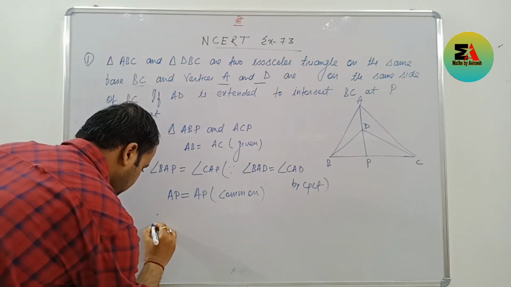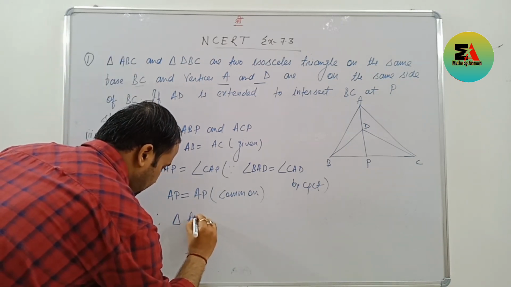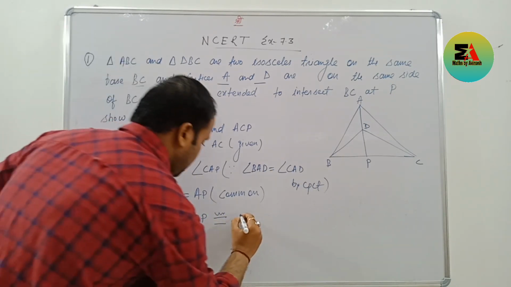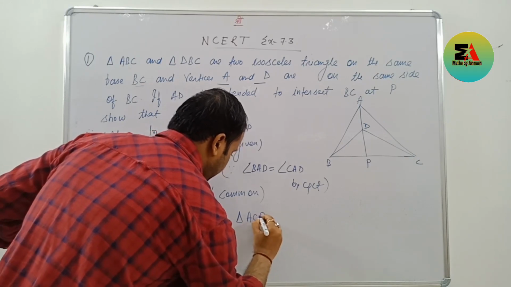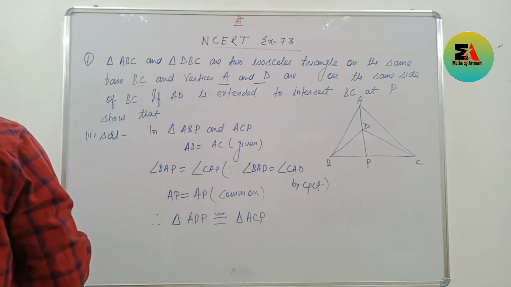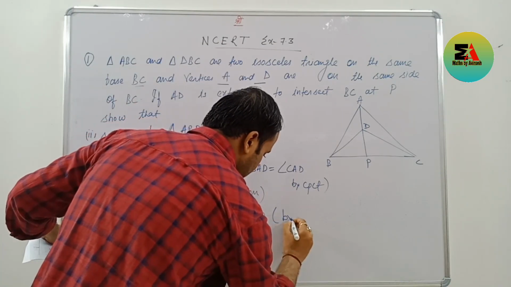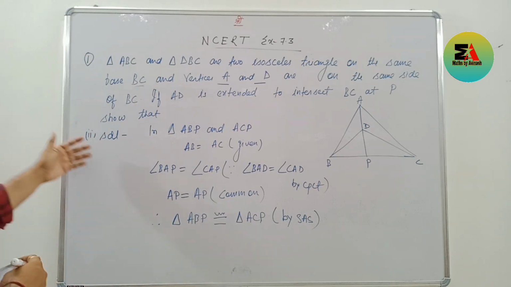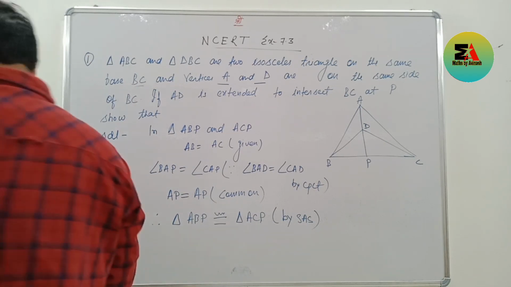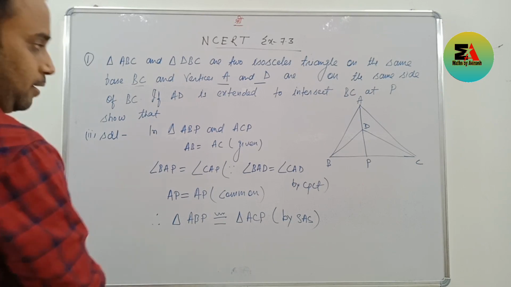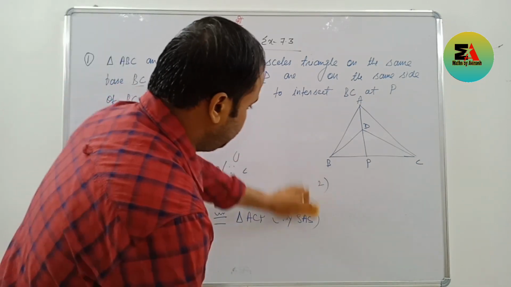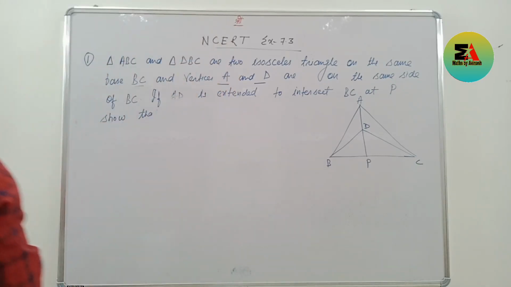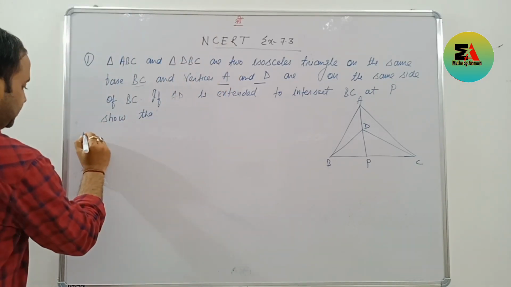Therefore, triangle ABP is congruent to triangle ACP by SAS congruency. This is our case 2. Now we have to solve our case 3.